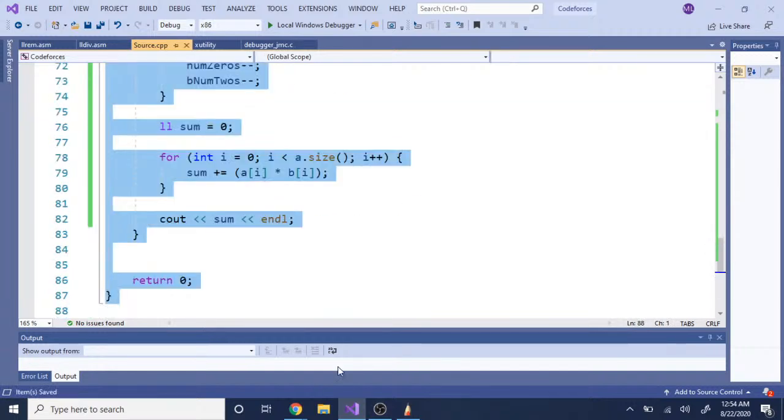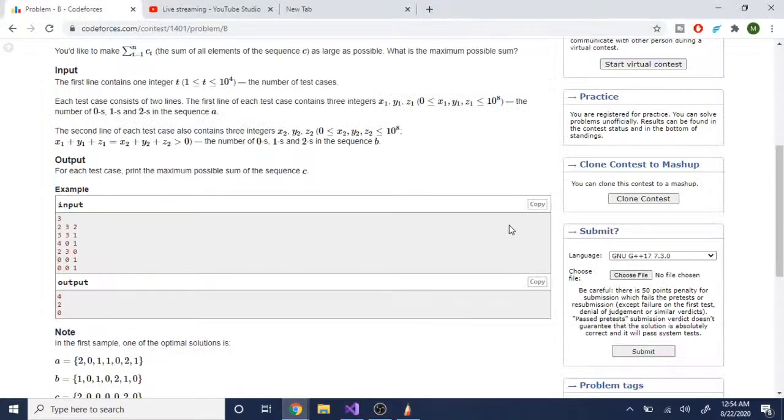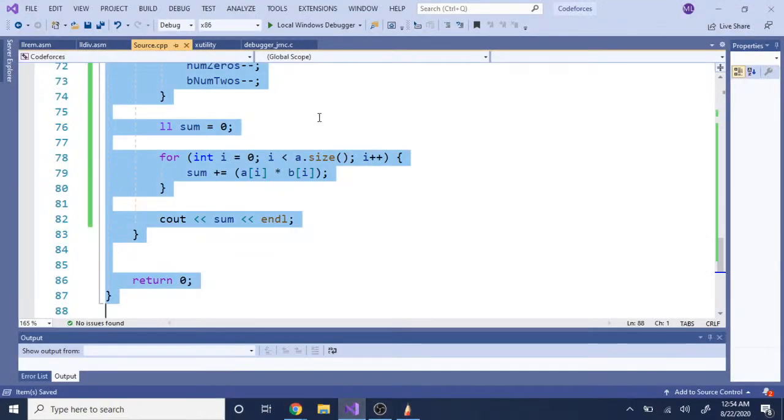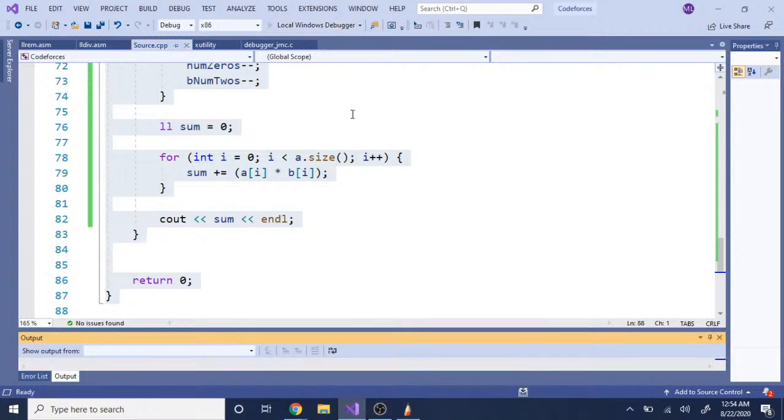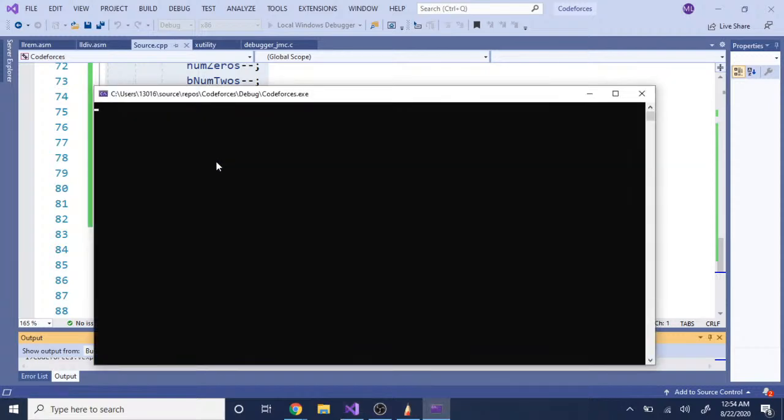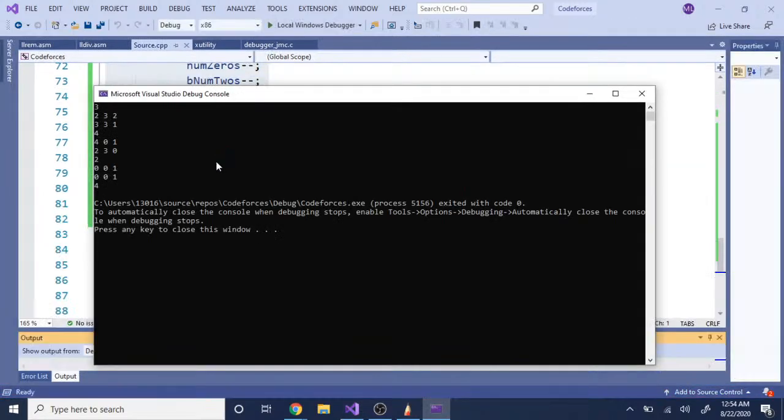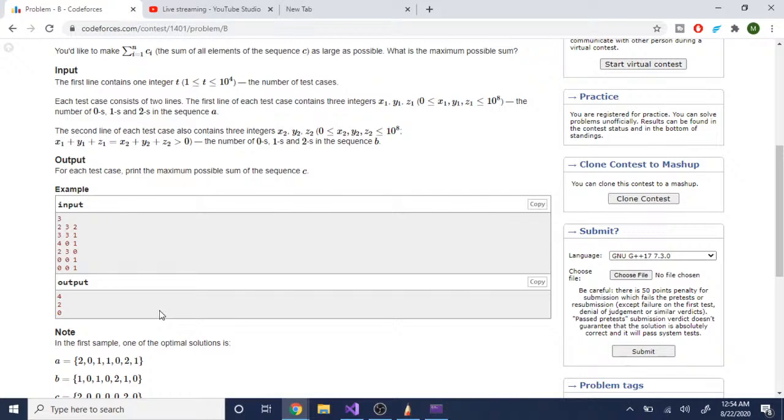Okay, so let's look at this and let's test this out. Four, 2, 4. Okay, that's bad. Oh no, that's right. 4, 2 is right. I think 4, 2 is right.